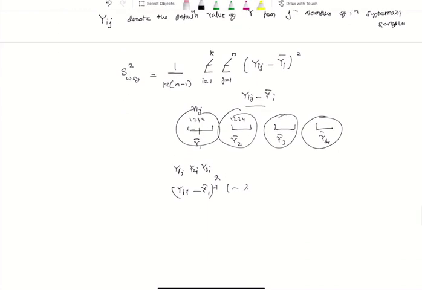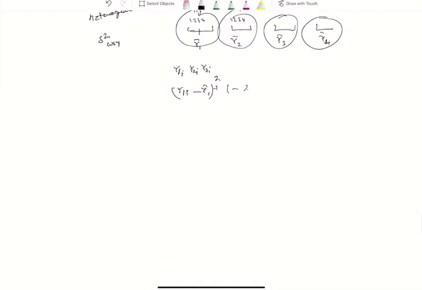So what we are actually only considering is within sample variance. What it means is that if the units are heterogeneous, then S square WSY will be high, otherwise it would be small.